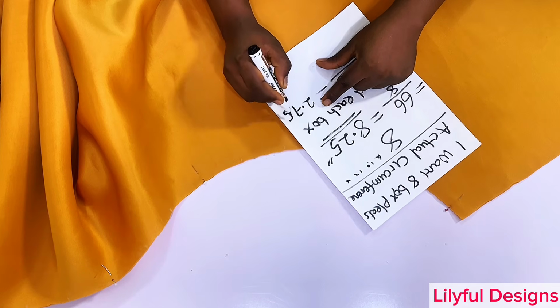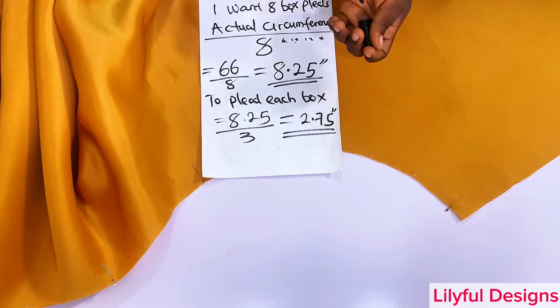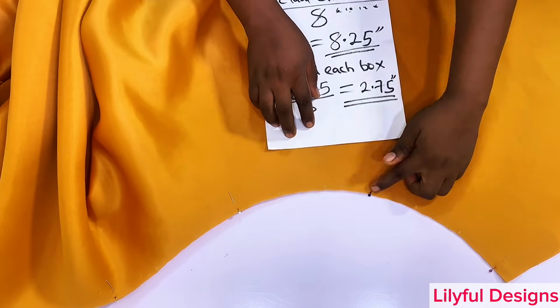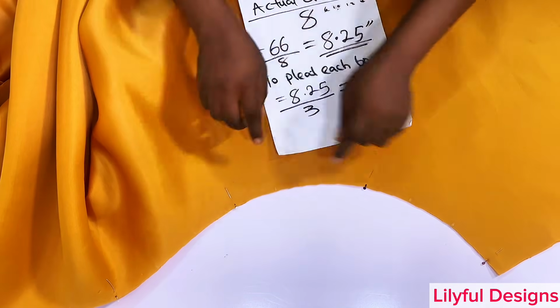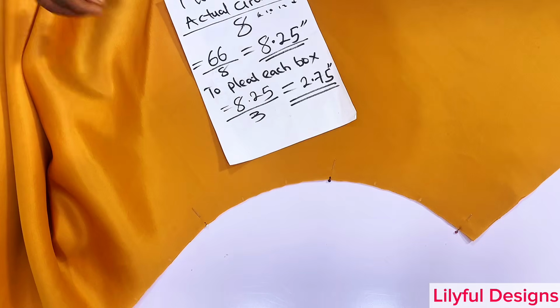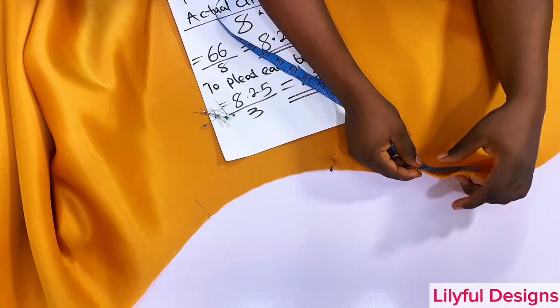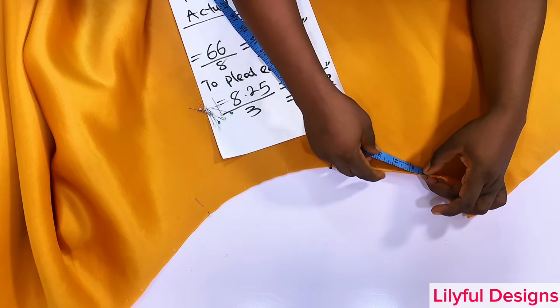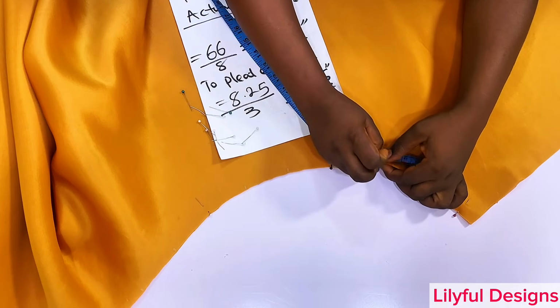When I divide 8.25 by 3, I'll have 2.75. So in between those 8.25 will be 2.75, 2.75. As you can see, I've marked it 2.75 all around.